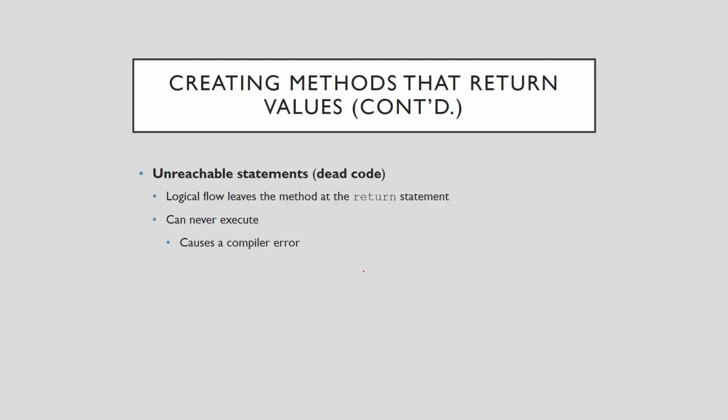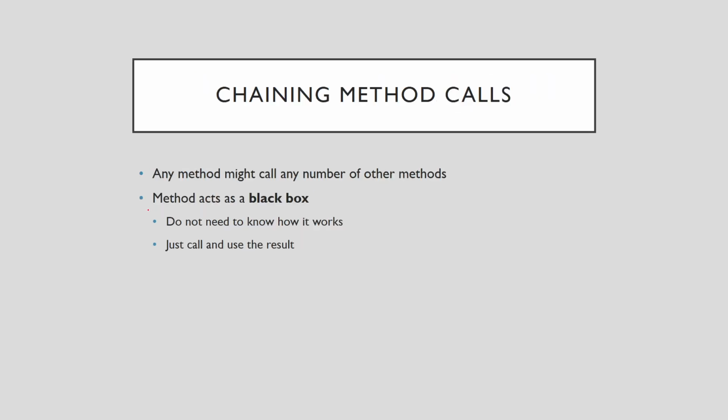Now, there are dead code or unreachable statements that cause a compile time error. This is a logical flow that leaves the method at the return statement and can never execute. And here, sometimes we have chaining method calls.